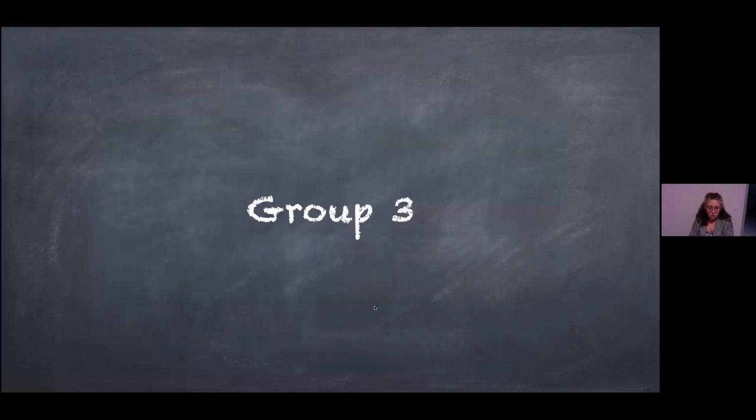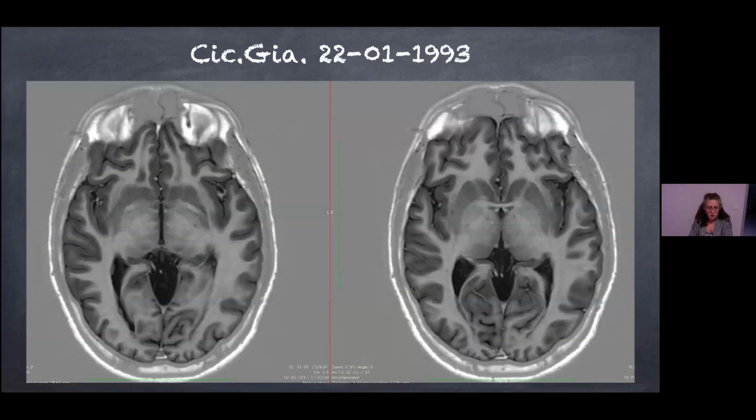If we move to group 3, where the nodules are multiple and bilateral, I will show you two more examples. This one has nodules all along the ventricle on the left side, and some others on the right side.